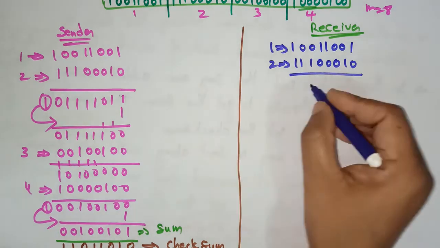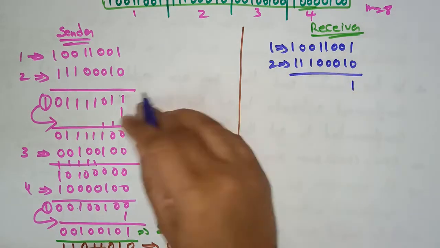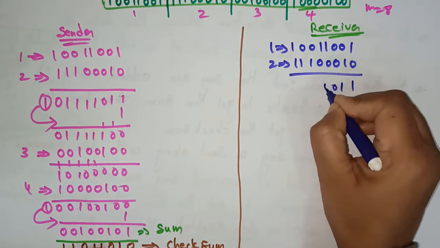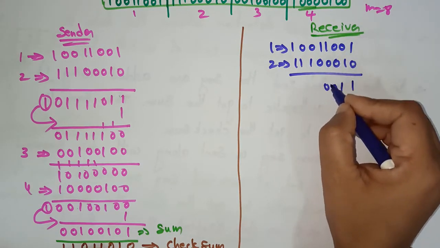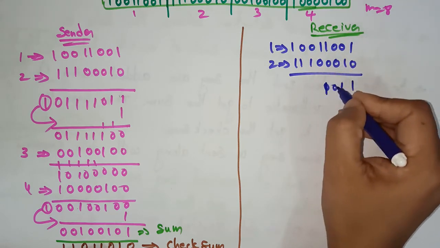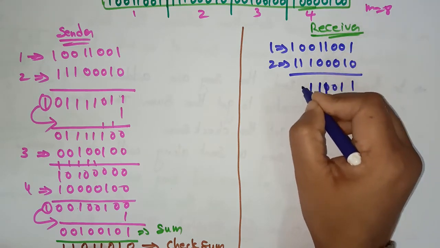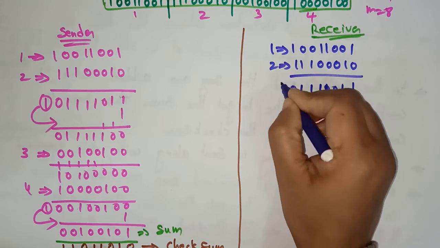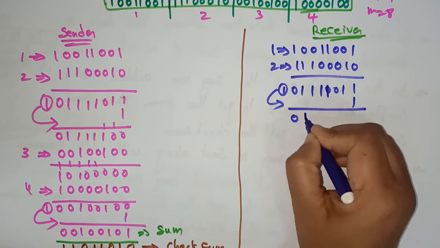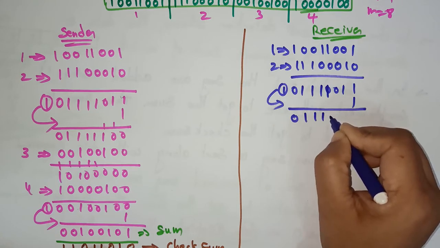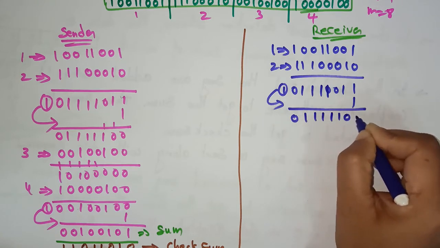Whatever you are getting here, students, I am just writing here. 1, 1, 0 and 1, 0, 1. Okay, 1, 1, 1 and 1, 1, 0, 1. So try to add this, and you are getting 0, 1, 1, 1 and 1, 1, 0, 0.